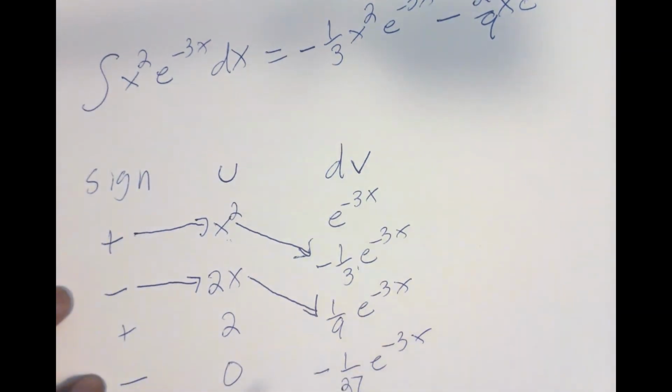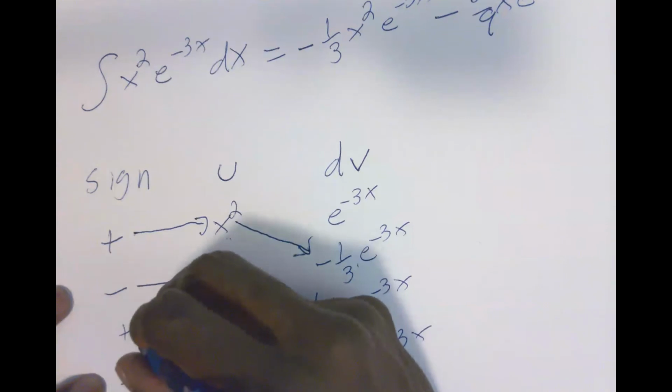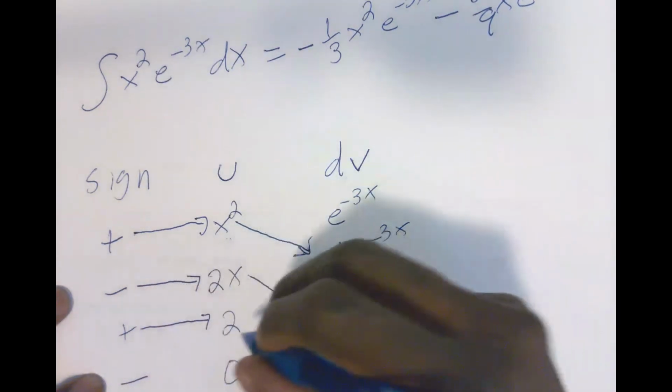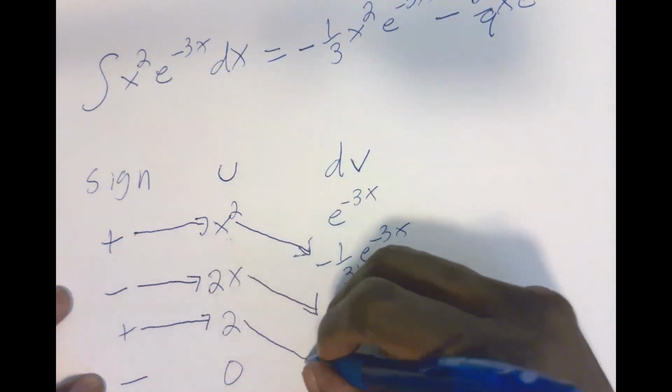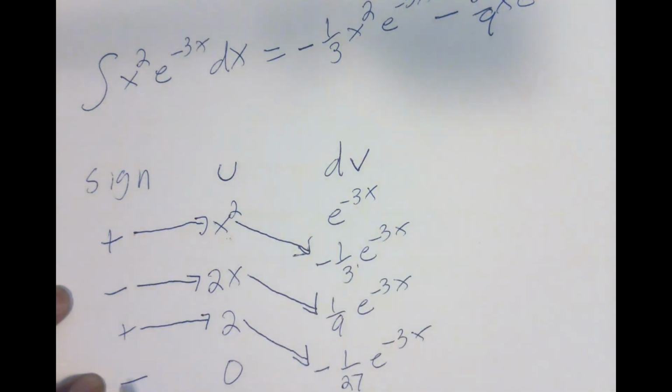And then we'll continue again, and notice we're on the last line where we have that constant. And so we're going to follow and multiply as so. And you can really see this negative sign is not even going to be used in the problem, nor is the 0, of course. But you do have to take the derivative till you get to 0 because you need to know where to stop integrating.